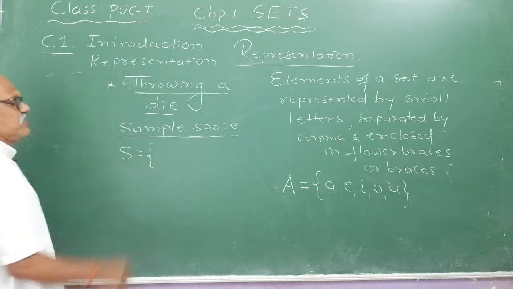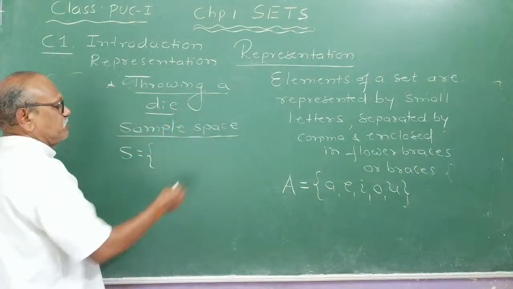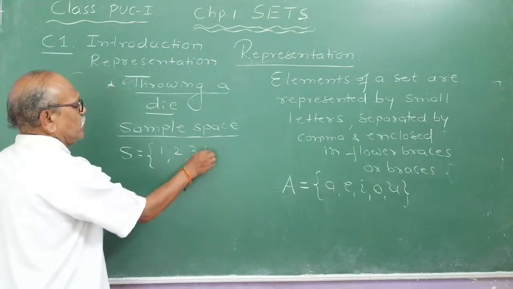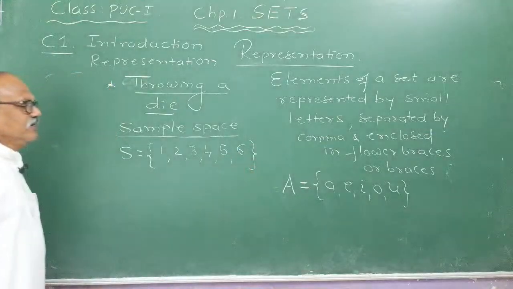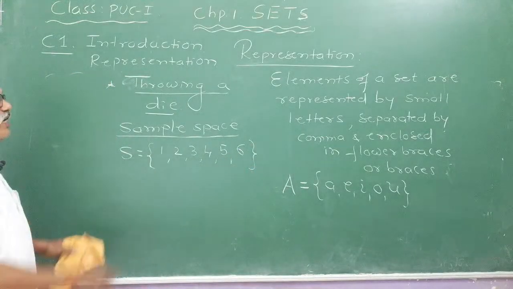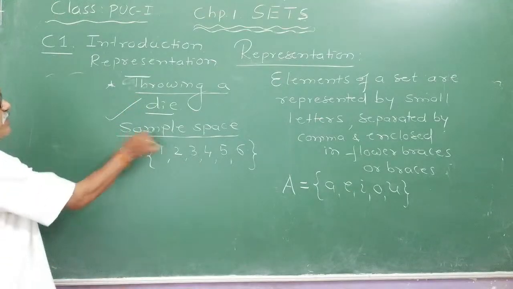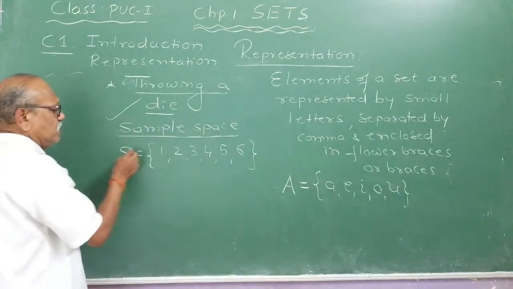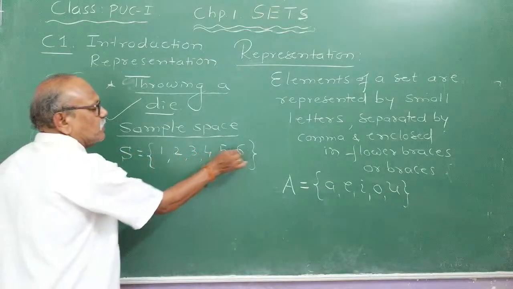What are the elements of this set? Whenever a die is thrown, it has six numbers, namely 1, 2, 3, 4, 5, 6. This is the representation of the set we use in probability. Sample space is nothing but the set of all possible outcomes.